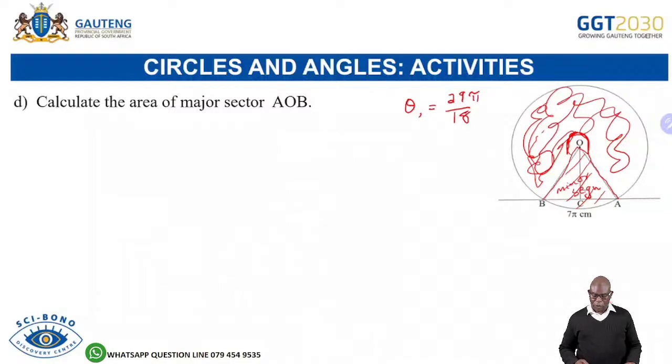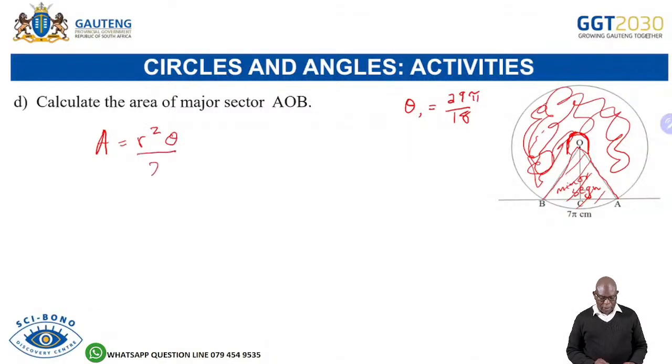This is in radians. So what do I need? I need the area. How am I going to get the area? I want to use the angle because I don't know the arc length of that major one. So if I use the angle, what is my radius? My radius is going to be 18.